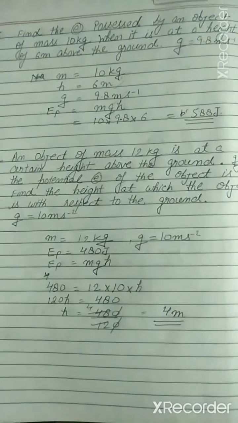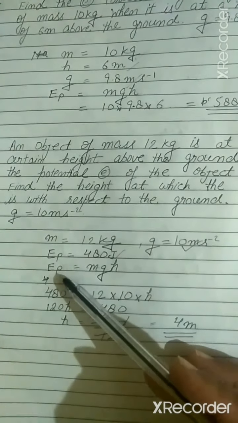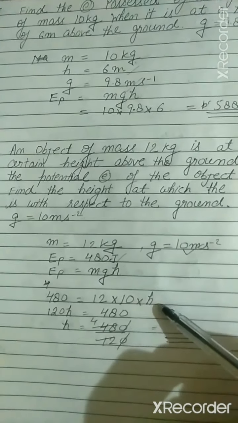G is already given, here we are taking 10. G 10. Potential energy is given 480 joule. So here we know potential energy, we have to calculate height. Put the values. EP, that is potential energy, equals mgh. EP is given 480 joule, mass is given 20, G is 10, and H we have to calculate.